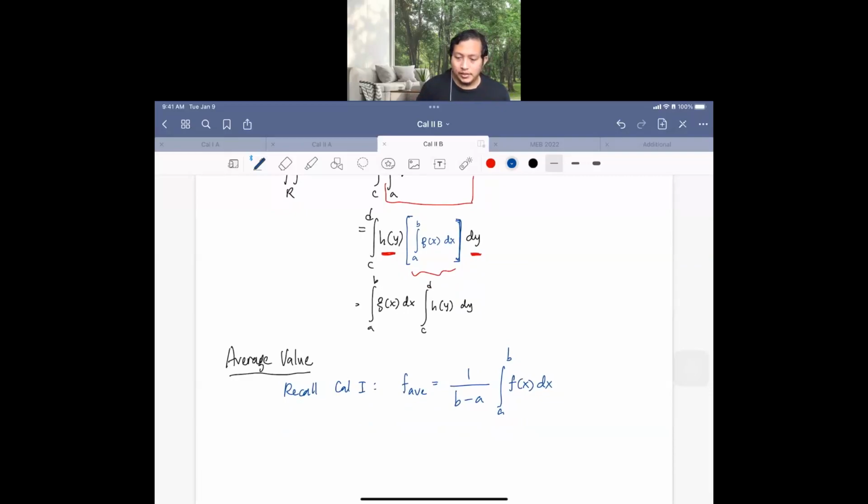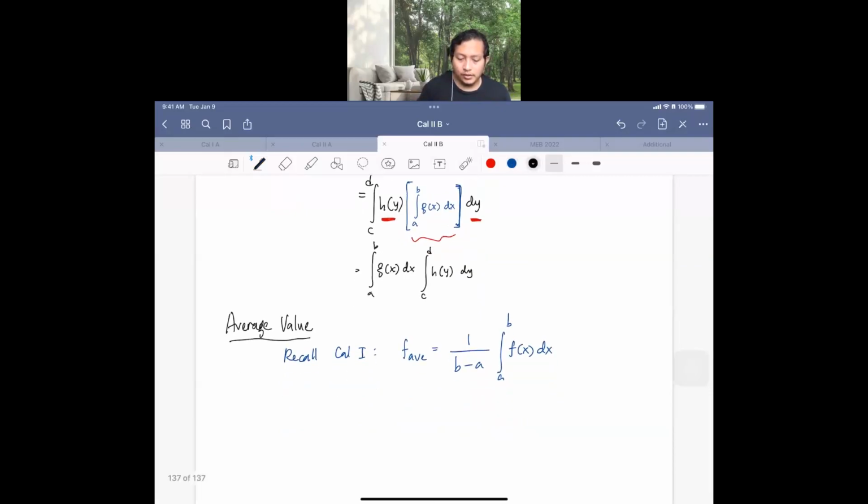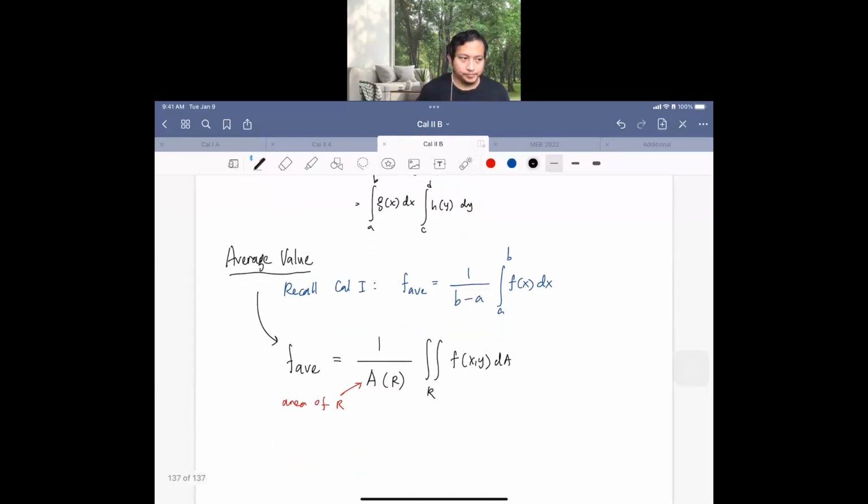Now, in a similar way, in our double integral, we have the average value equal to 1 over A(R), where A(R) is the area of R, times the double integral over R of f(x,y) dA.